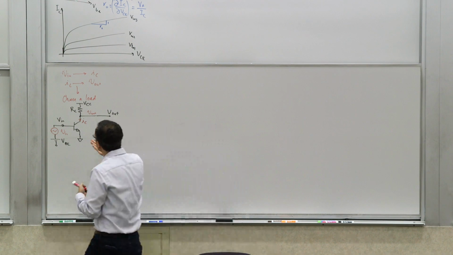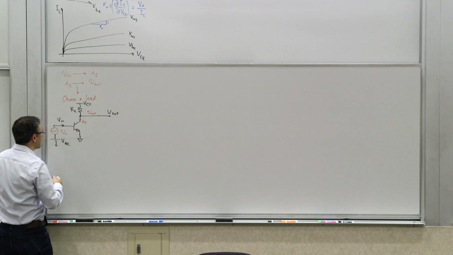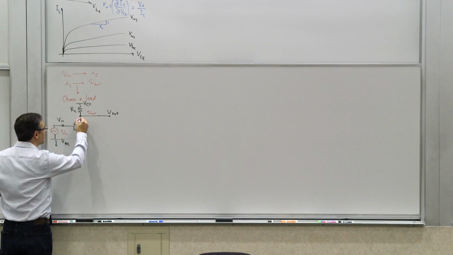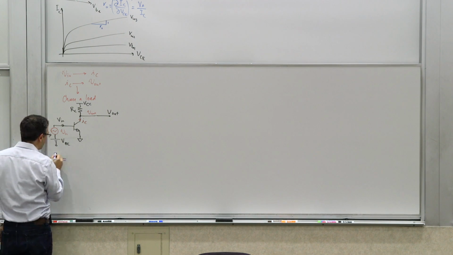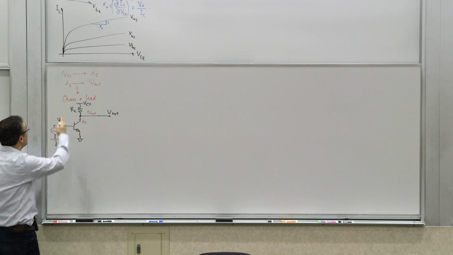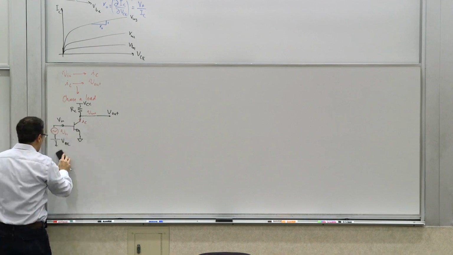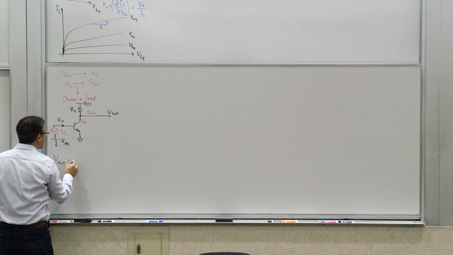But so let's see. Let's write the expression. If I have a circuit like this, even from a purely DC perspective, I'm going to write the entire characteristic. What is this total IC? This is capital I, lowercase c, which means the combination of everything, the entire current. Well, we know what it is, it's the exponential. So what is this V out in terms of this IC?